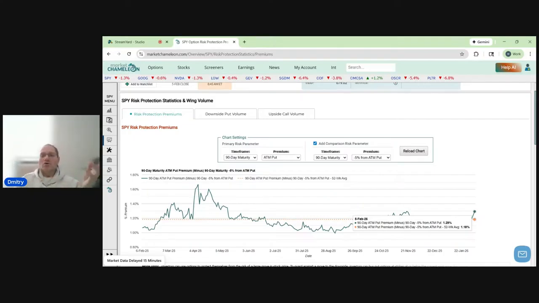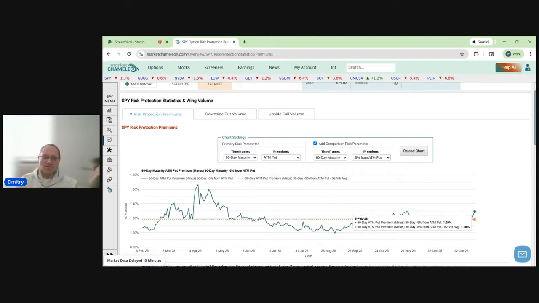Well, it would cost us 1.29% of stock price, so $1.29, to potentially, if that whole spread is in the money, make a $5 spread, since 100 and 95 is 5%.